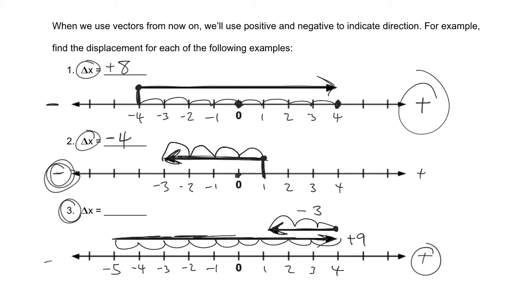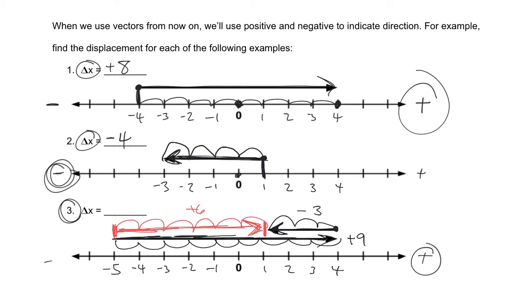So overall, if I look at where I started, right here, to where I ended, my total displacement, my total change in position, is from -5 to 1. That's moving over 1, 2, 3, 4, 5, 6 in the positive direction.